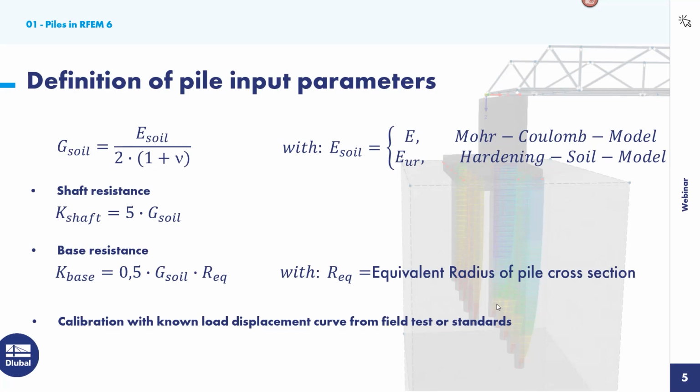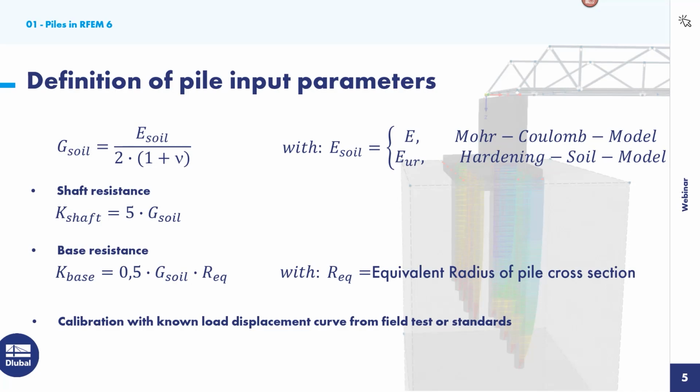And with this E modulus and the Poisson value, you would be able to calculate the related shear modulus. The shaft resistance and base resistance can be calculated from the shear modulus, as provided in these equations. And these equations give a first value for your input for your pile.